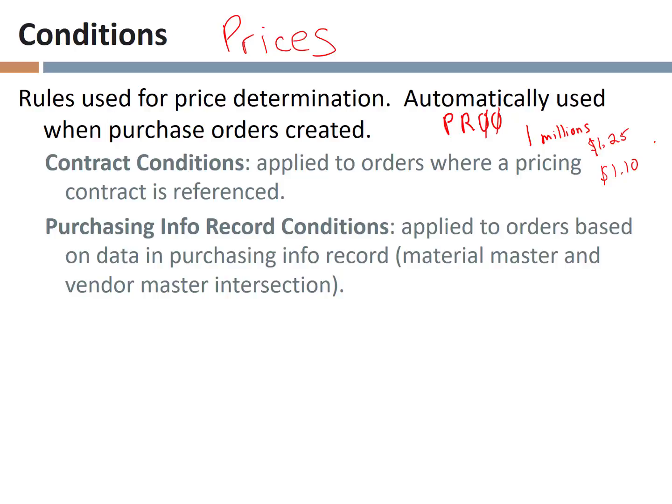We're stuck paying $1.25 a gallon until we buy 1 million gallons, which means we've done something very counterproductive that is probably going to hurt our competitiveness, because we've locked in a price higher than everybody else. Now, if the market forces shift and everybody else starts paying $1.40 a gallon, then we look brilliant.